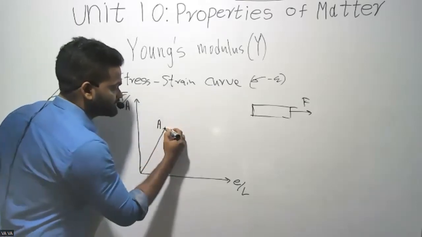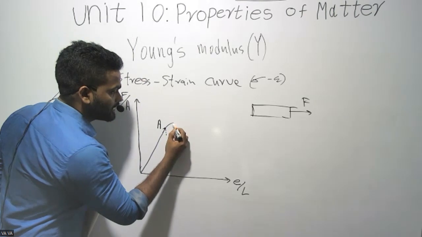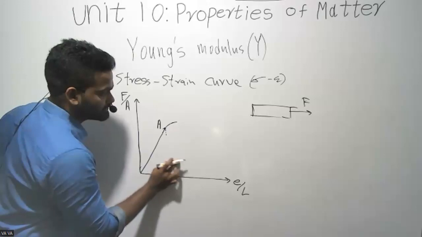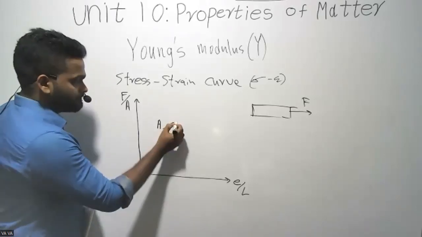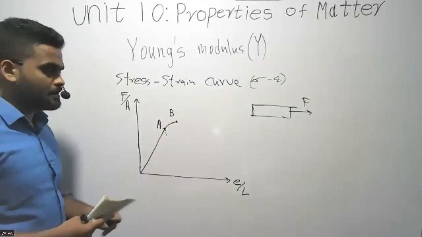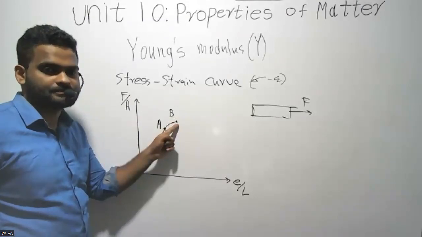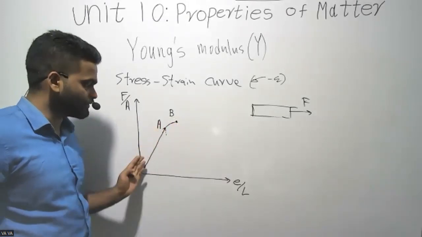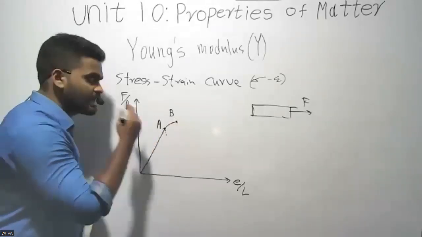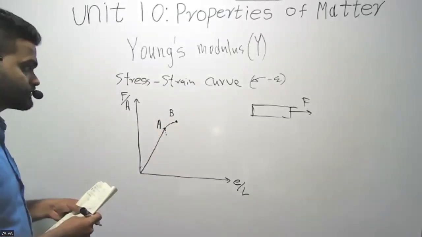Then the linearity goes away and it tends to be like this, and then it goes to B. A we call the proportional limit. And this B we call the elastic limit.